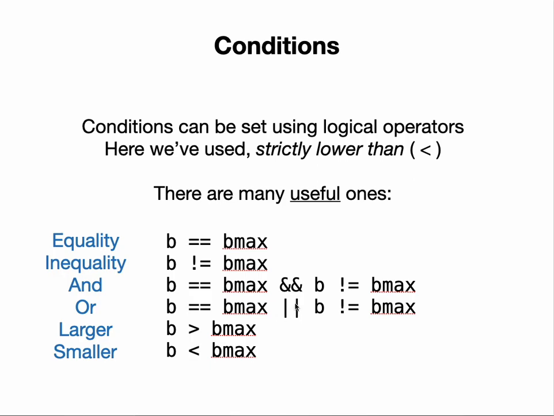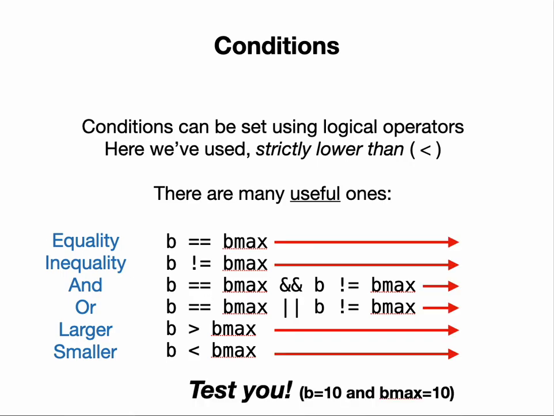The OR statement is twice pipe. Then there is the larger and the smaller. You can also make it larger equal or smaller equal. So there are different ways to deal with conditions, and that's basically by using these logical symbols.